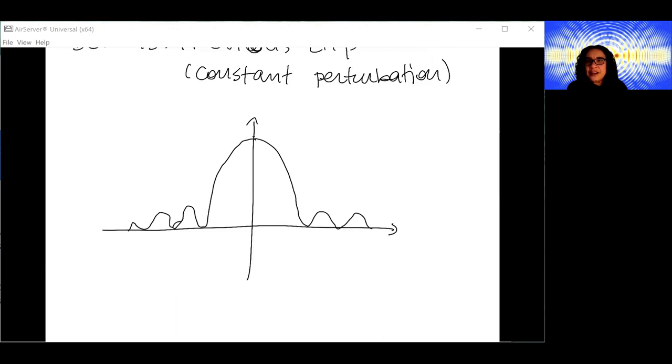And the difference is that before we had a sinc function centered at omega equals 0, which would mean that you would be coupling omega mj equals 0, meaning that the energies of the states that you would be coupling would have to be the same. You only couple degenerate states via your perturbation.